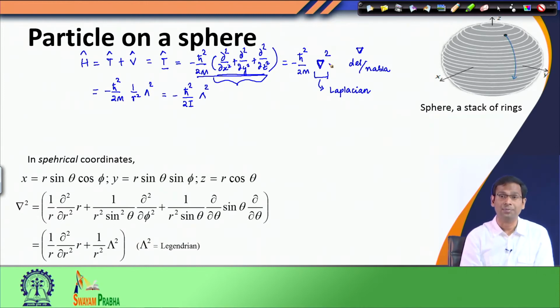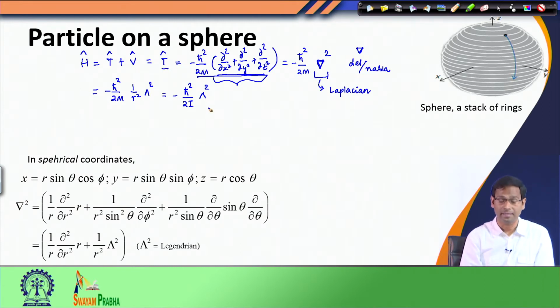I introduced the Laplacian operator, and when I express it in spherical coordinates, there is a radial term and then there is the Lagrangian. The radial term is inactive here because I am talking about a sphere of fixed radius, so I am left with only the Lagrangian term. At the end I have defined my Hamiltonian in terms of the Lagrangian.